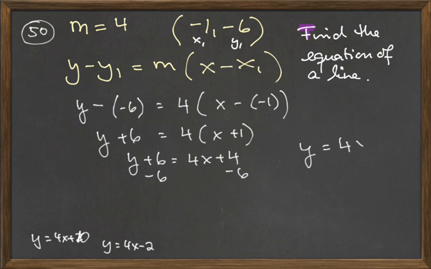Subtract 6, and y equals 4x minus 2. So you have a sign mistake somewhere. You added the 6 and the 4. Here you go. Beautiful. There it is.